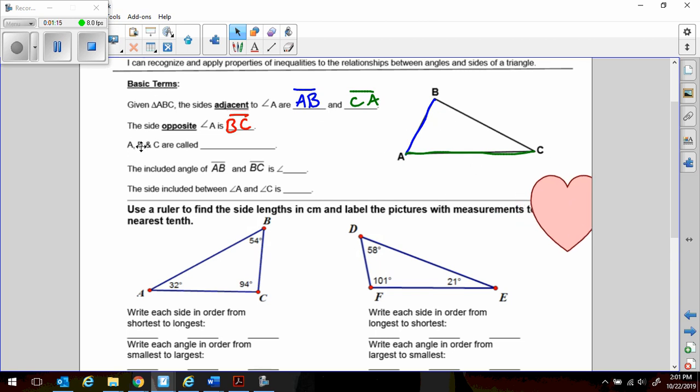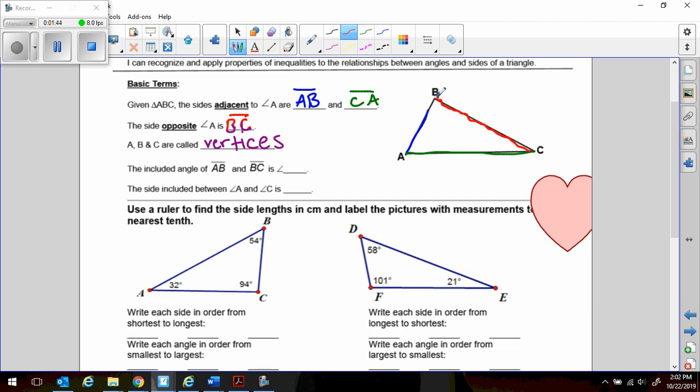So A, B, and C are called vertices. One is a vertex, more than one is vertices. Now the included angle of AB and BC. This means what angle is in between AB and BC.